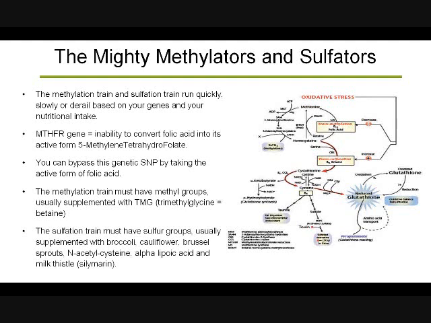So, in other words, if you have the MTHFR variant, your version of that enzyme may only convert 20% of folic acid into its active form. So you could take in 5 times as much folic acid and still be deficient. Do you understand? It's a genetic defect.